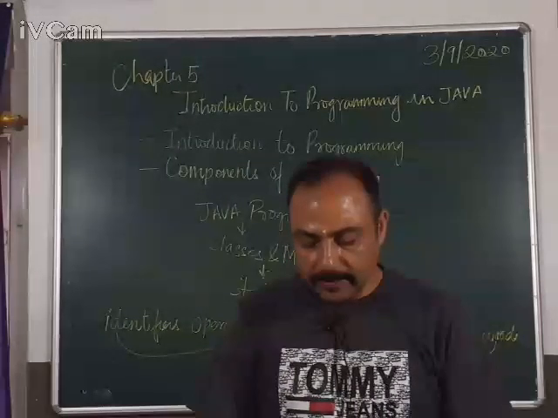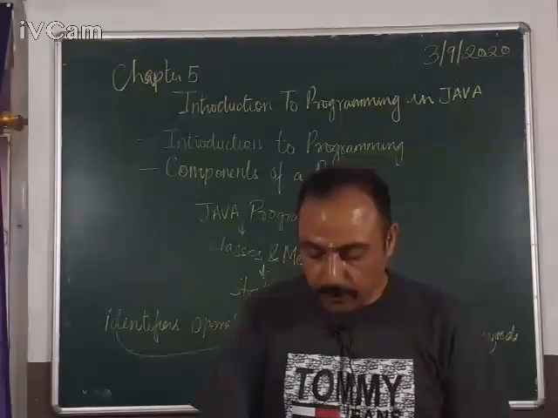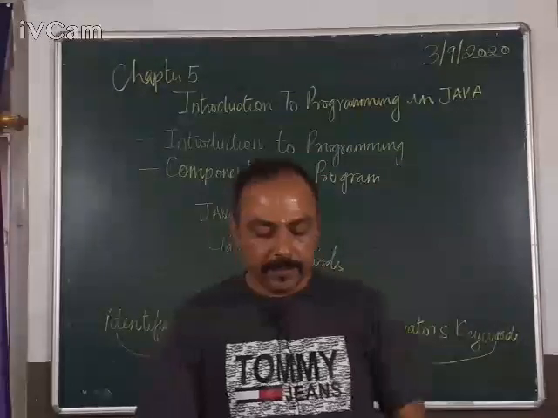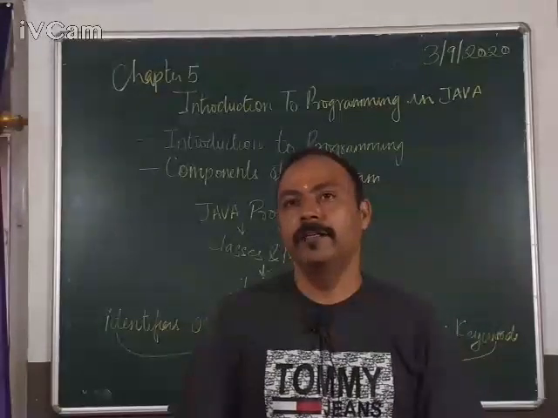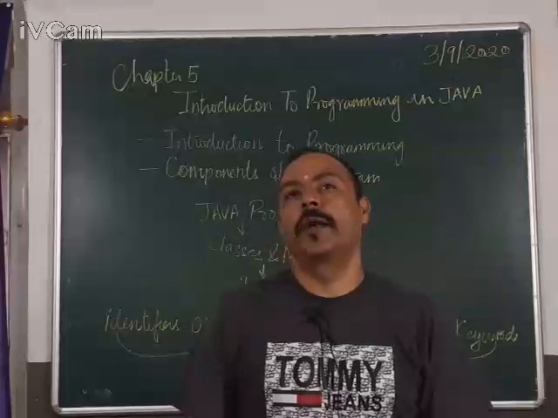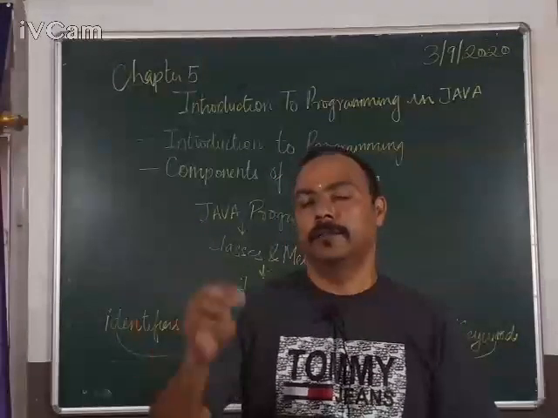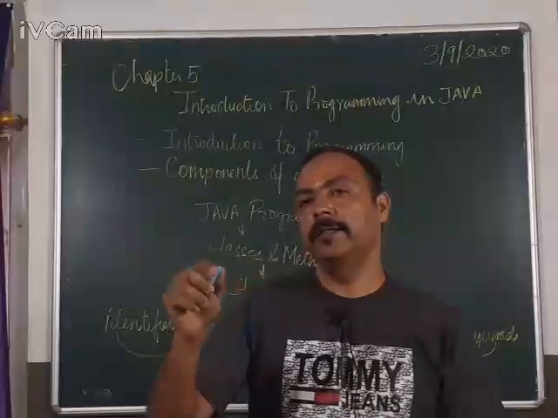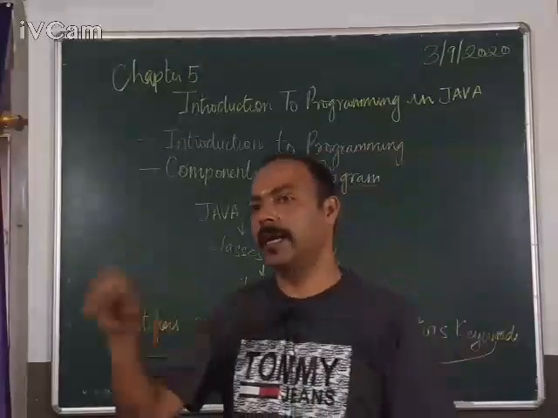Assign meaningful identifier names for the components being used in the program. It enhances the readability of the program. So if I have to find the area of the square, my class name or method name should be meaningful. I cannot write x, y, z.